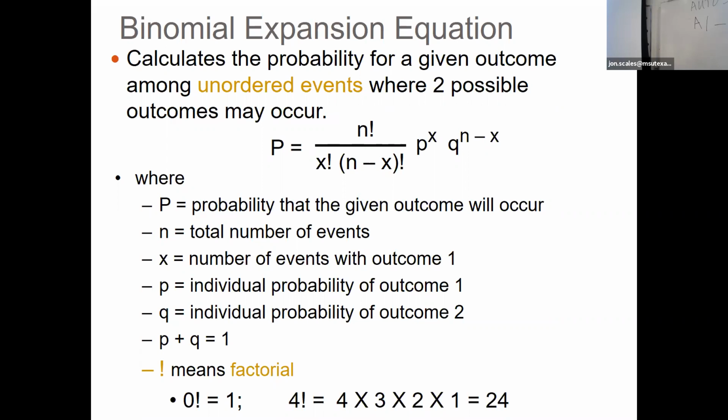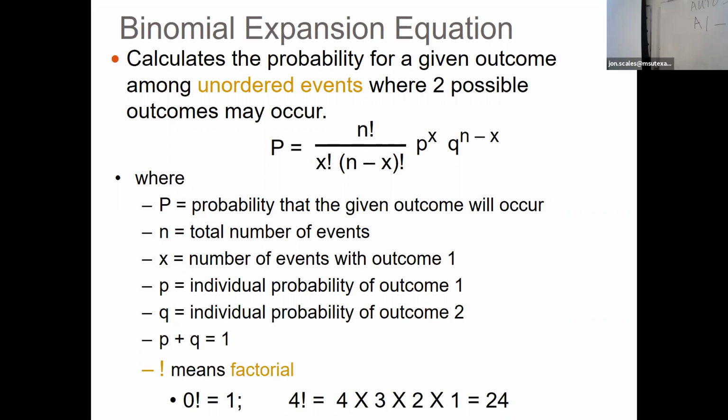X are the events of the outcome that is in question. It's the thing you're interested in. The blue eyes, okay, in our example. N minus X are all the other options, all the other different eye colors, for example.